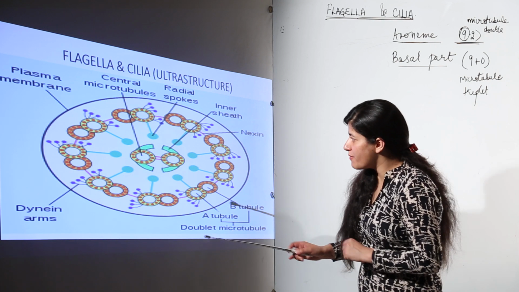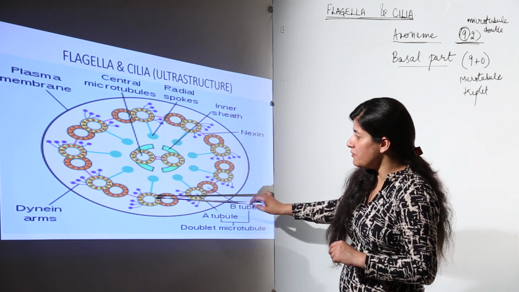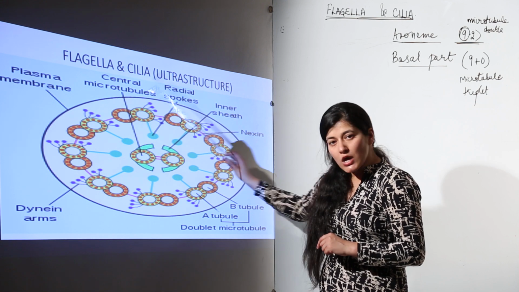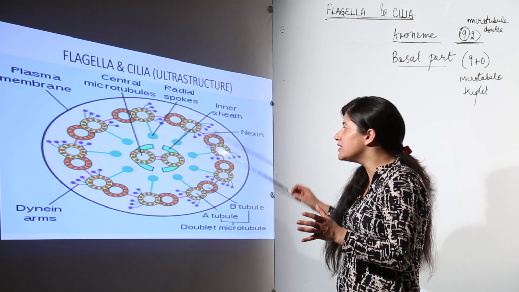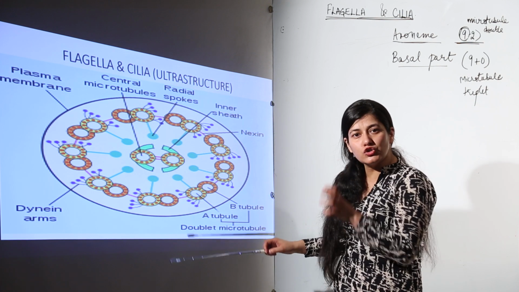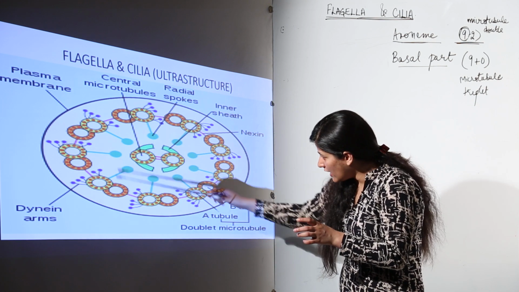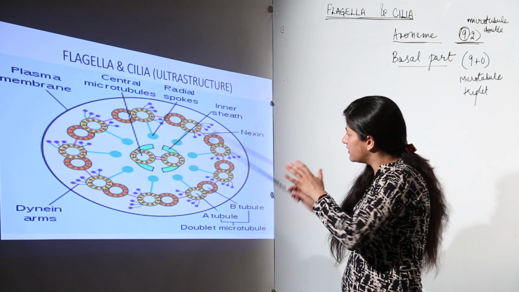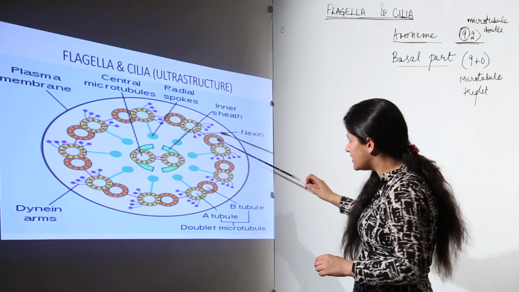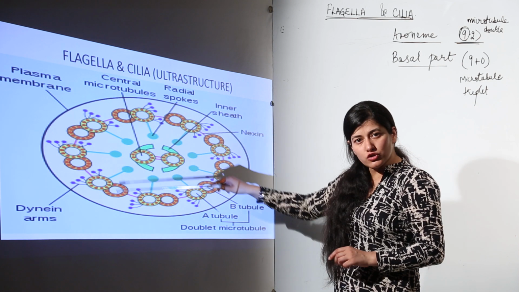Now what you have to remember is that there are 9 pairs of microtubules which are joined to each other through nexin, which keeps the dynein in control. The part you have to remember about nexin is that it joins the microtubule pairs.